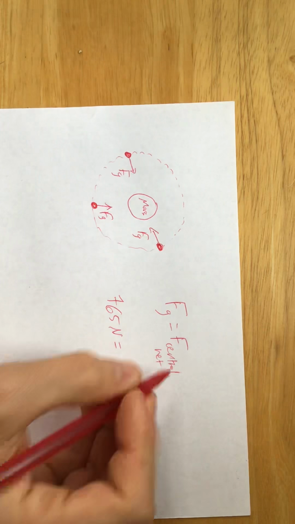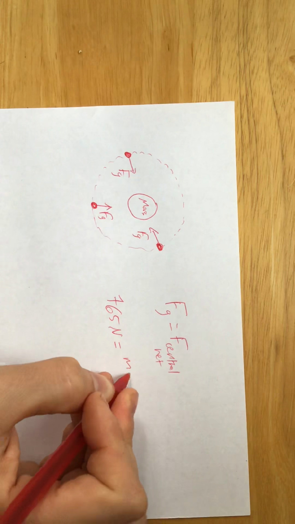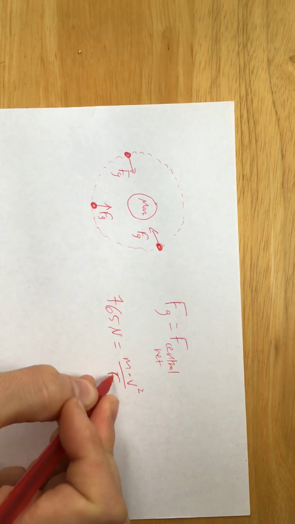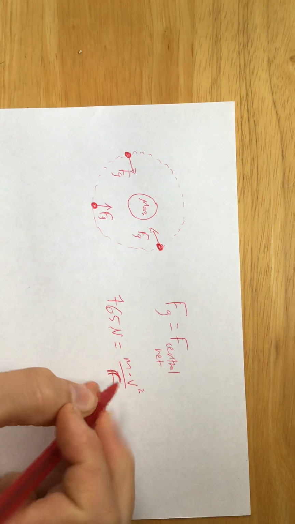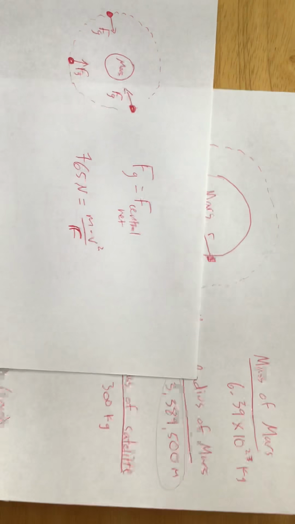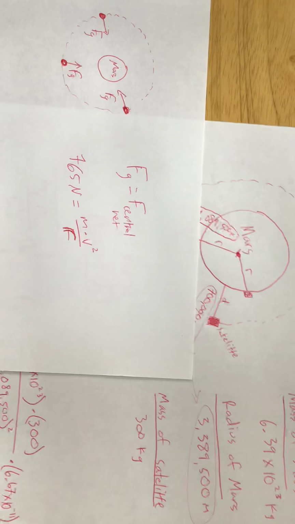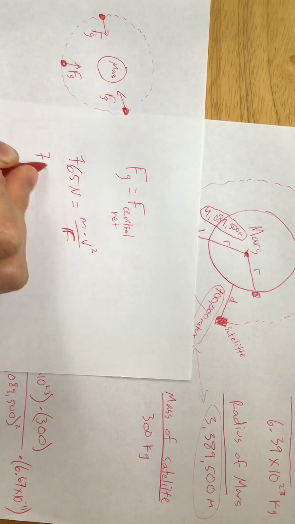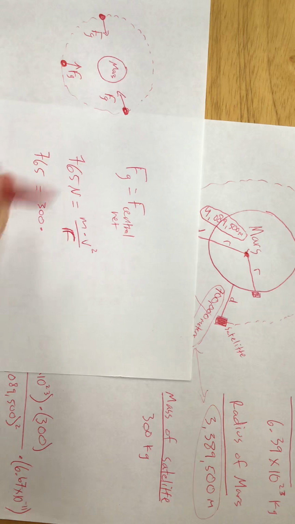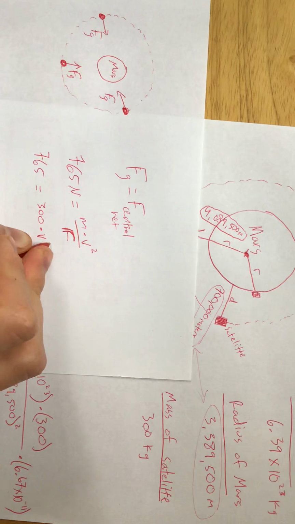Okay, so that's equal to m times v squared all over r. If you remember from before, the mass of the satellite was 300 kilograms. So we have 765 newtons is equal to 300 kilograms times, we don't know how fast it's going around, so we're going to leave that as v.